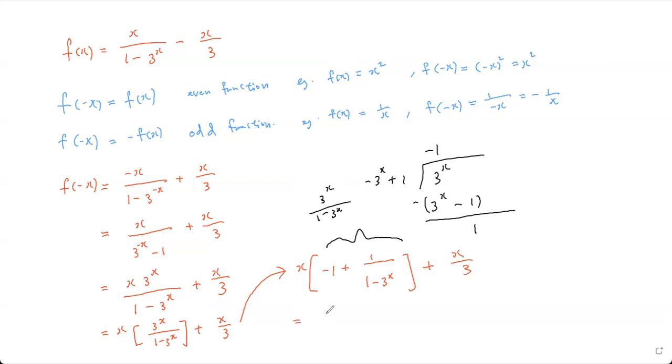If we expand this, we should get negative x plus x over 1 minus 3 to the power of x plus x over 3. If I simplify that, I'll get x over 1 minus 3 to the power of x, and x over 3 minus x will be negative 2x over 3.